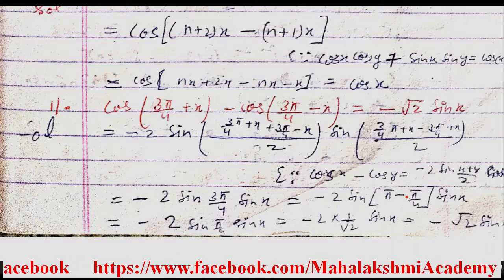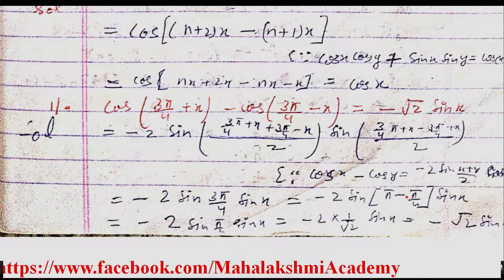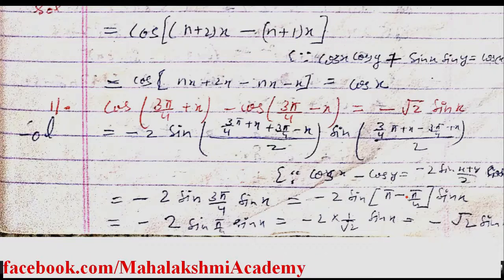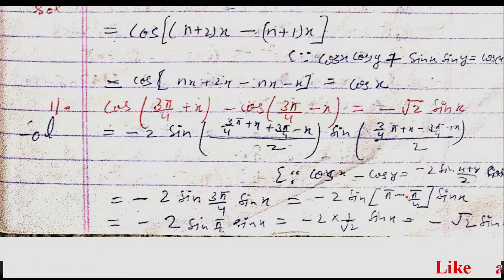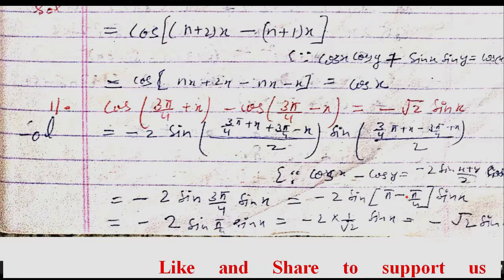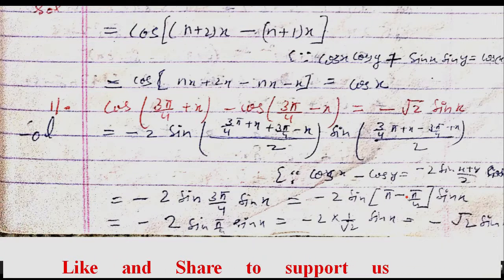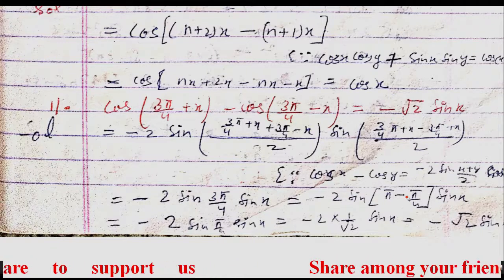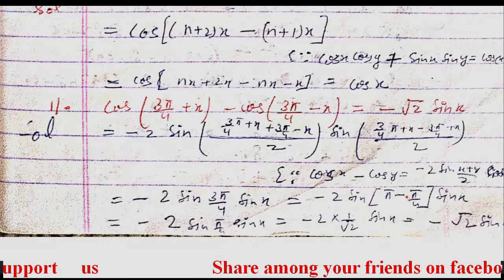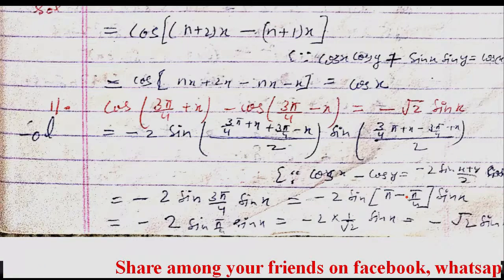They are well written in your books, and I also tried to explain them in my previous video, where I explained how to learn them, what the quadrants are, where it's positive or negative, and when the trigonometric ratio changes and when it does not. I request that before doing these questions, you first understand all the formulas and then come to these videos, so that it will be very clear to you.